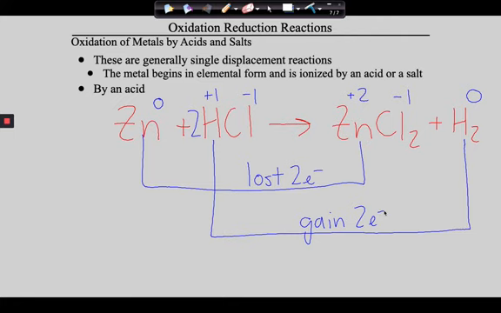So let's try this. Blank is being oxidized. Oxidized means what? Gaining or losing electrons? Losing electrons. So what fills in the blank? What is being oxidized? Zinc. Zinc is being oxidized. Now let's try the other one. Blank is being reduced. Reduced means gaining electrons. What is gaining electrons? Not hydrogen.